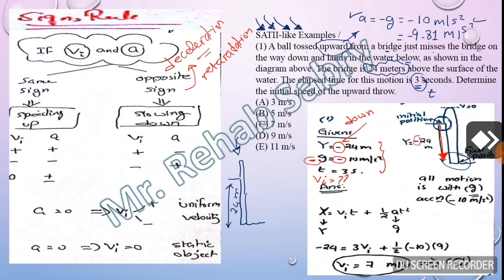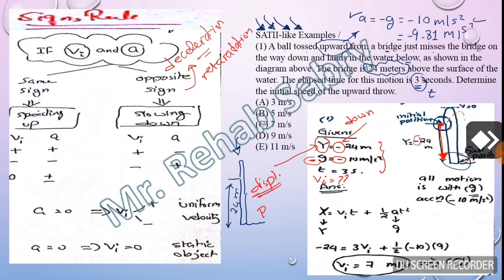Someone may ask me a very strange question. Someone may say, Mr., but please, the object doesn't move directly from the initial position to the final position. It moves up, then it falls. Yes, I know that. But what is y? Y stands for displacement. And what's displacement?